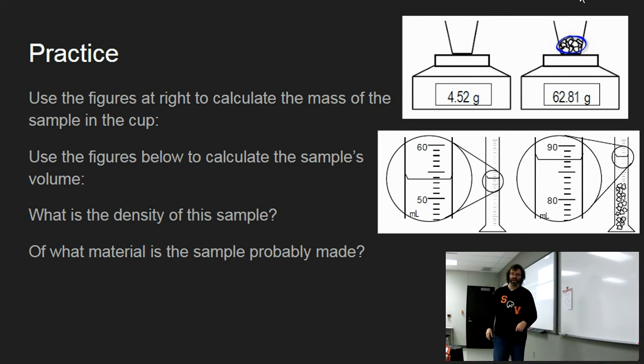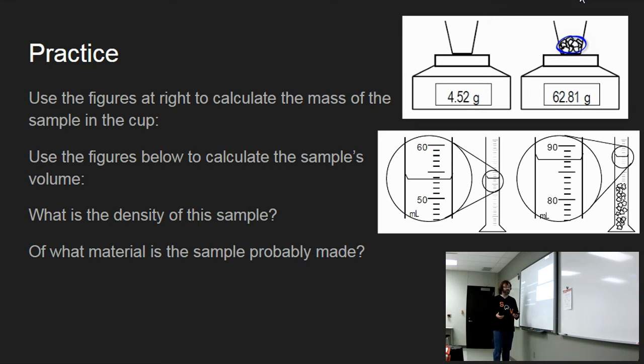I don't know exactly what they are, but maybe finding the density would help us identify what those chips are. So what we're going to do is get its mass and then use the water displacement method to find its volume. And what I have are close-up pictures of the mass measurements and the volume measurements. So we'll have to practice using our measurement skills to be able to do this.